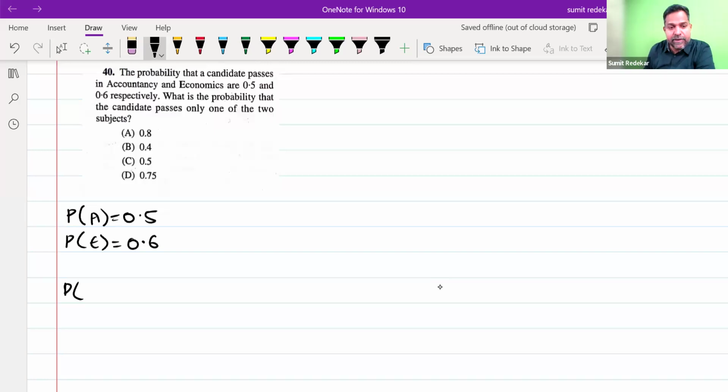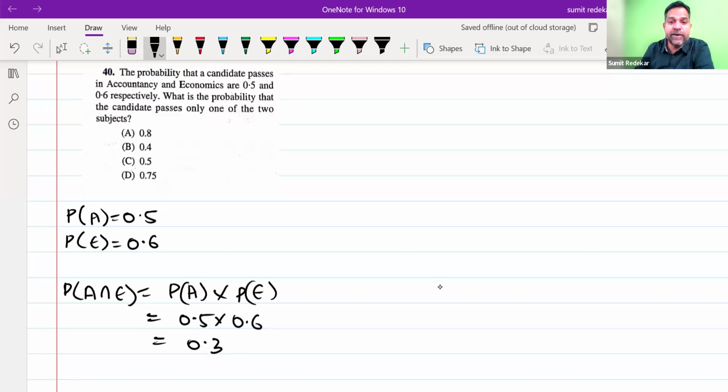And if they are independent, probability of A intersection E is probability of A into probability of E, which is 0.5 into 0.6. 6 5s are 30. The answer is 0.3. If I have the intersection, I can have the union.